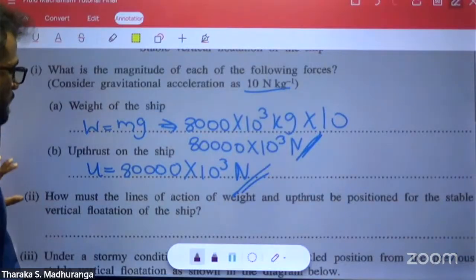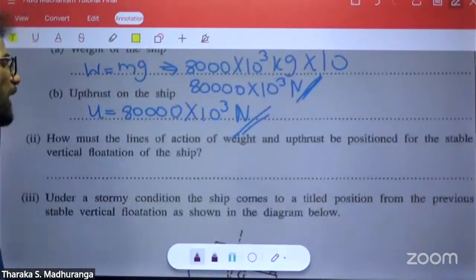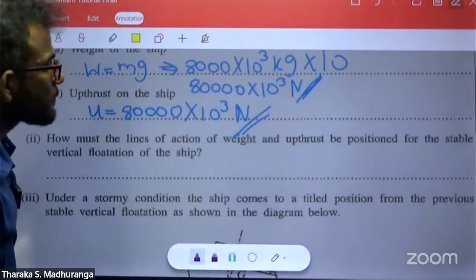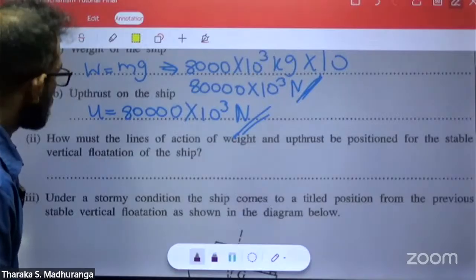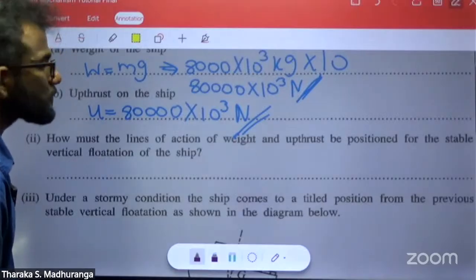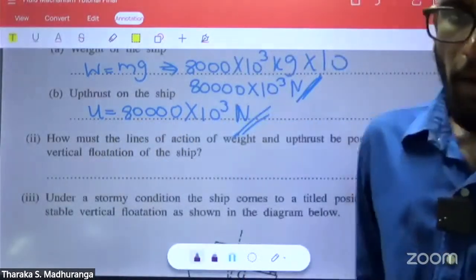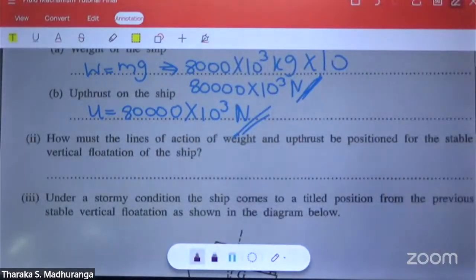How must the lines of action of weight and upthrust be positioned for the stable vertical flotation of the ship? I need your comments. Stable vertical floating. Understand the question.